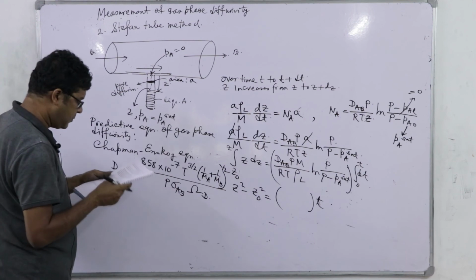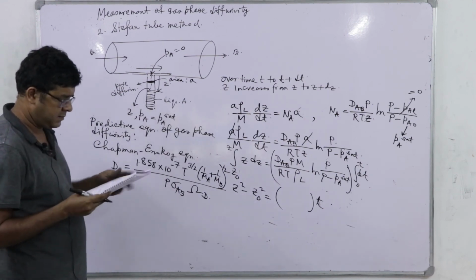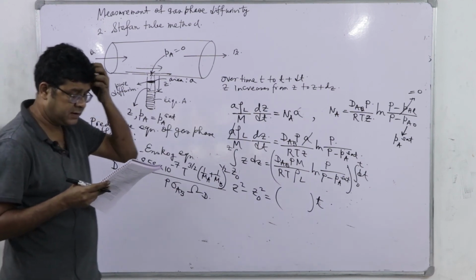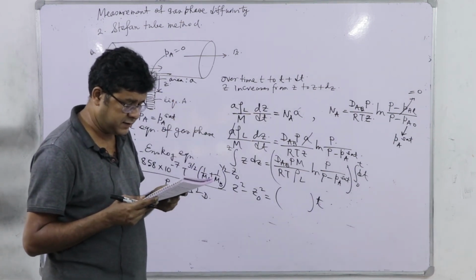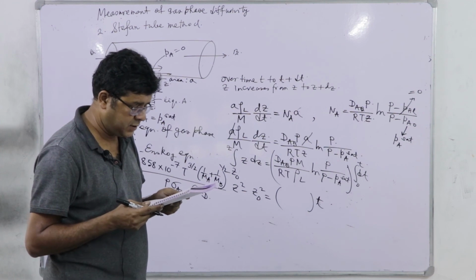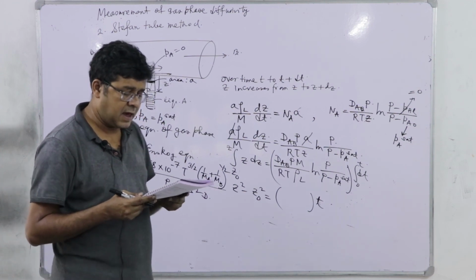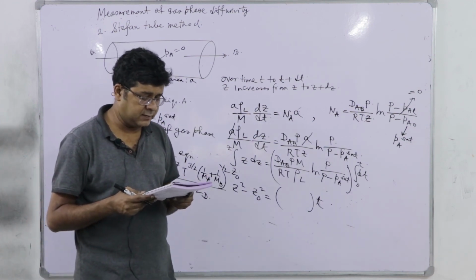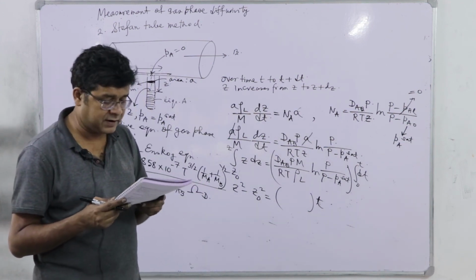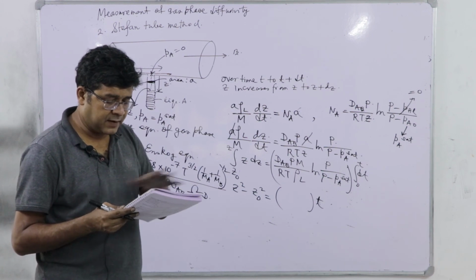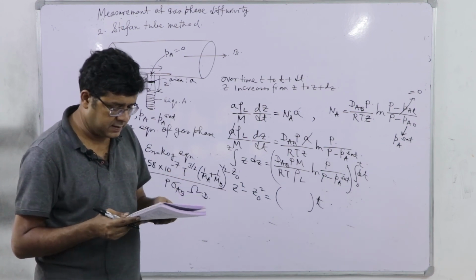So, the sigma AB, basically these are parameters, right. Sigma AB is the characteristic length parameter of the binary mixture, which is sigma A plus sigma B by 2. These are molecular parameters, and omega D is the collision integral, which is a function of kT divided by epsilon AB, where epsilon AB is the interaction energies. So, from this we can calculate.